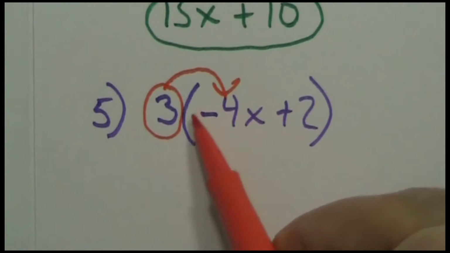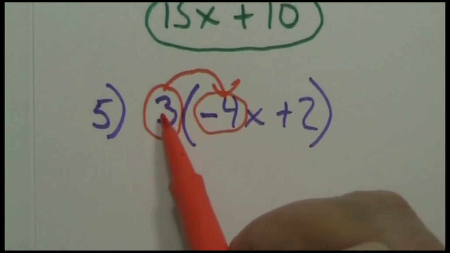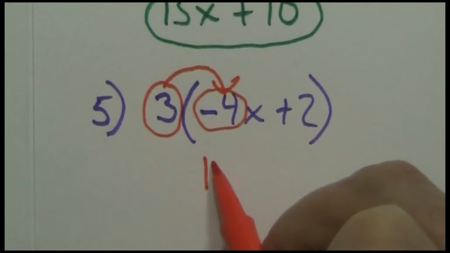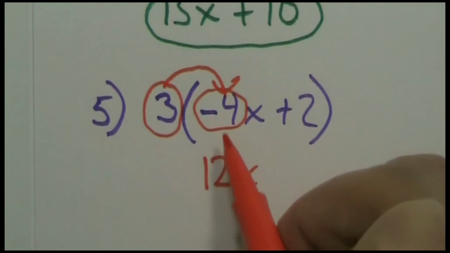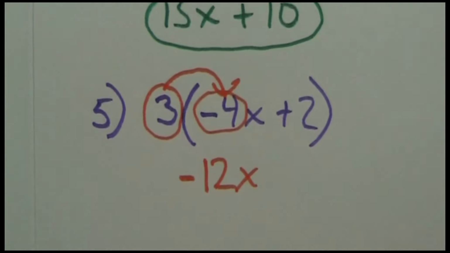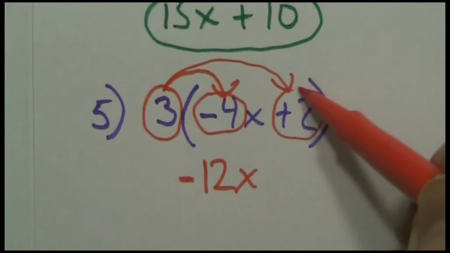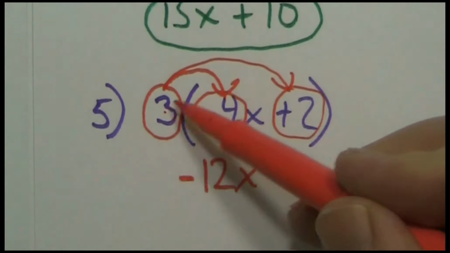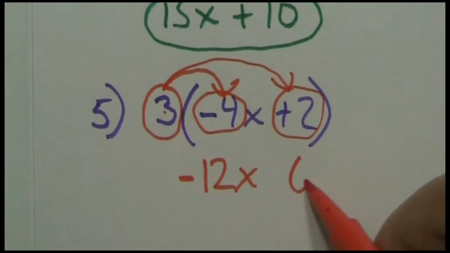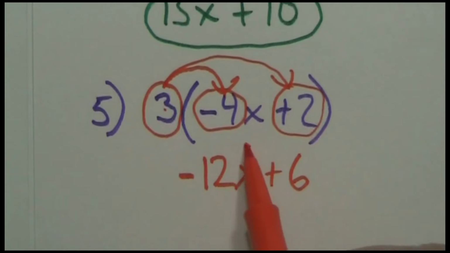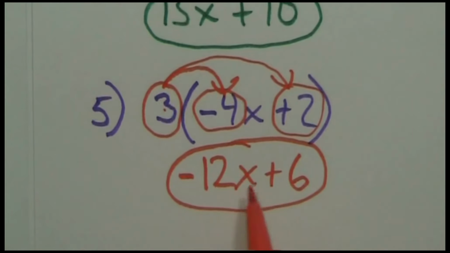Now that's a -4. 3 times -4. 3 times 4 is 12. And there's one negative. Okay, then I do 3 times +2. 3 times 2 is 6. And they're both positive. And that's it. These are not like terms. You cannot combine those.